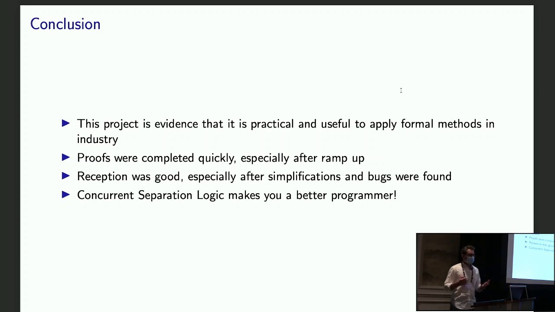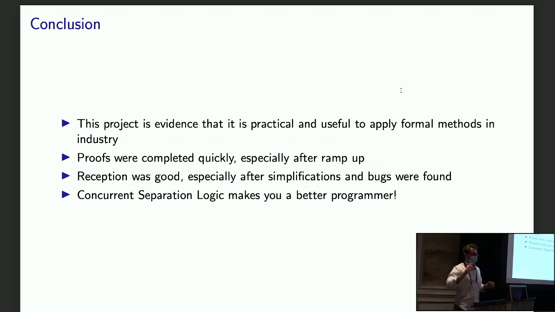And then the message I want to leave you with is that concurrent separation logic can make you a better programmer. I think that maybe it's not feasible to verify everything, but just being aware of the ideas and how you would verify something can help you a lot. In the process of doing this, it felt a little weird to me that we were reverse engineering this invariant from the code.